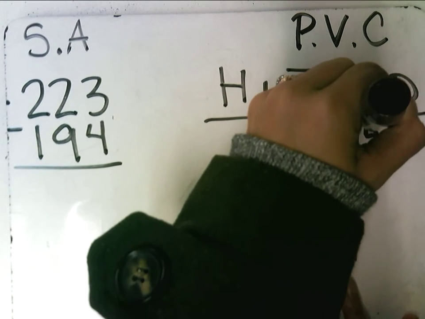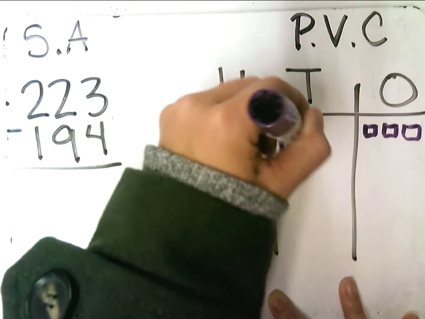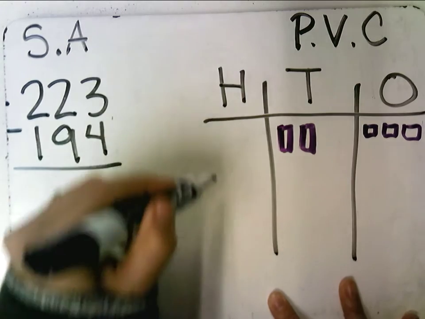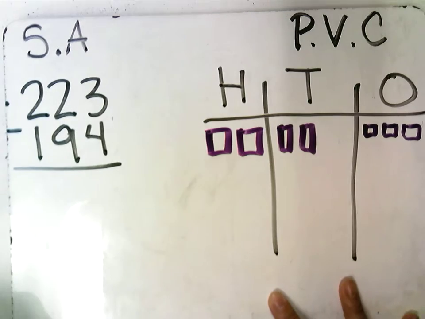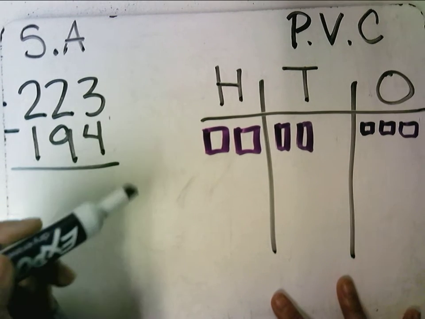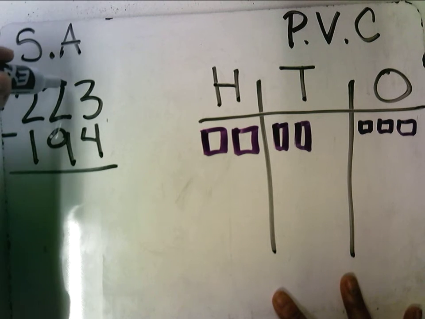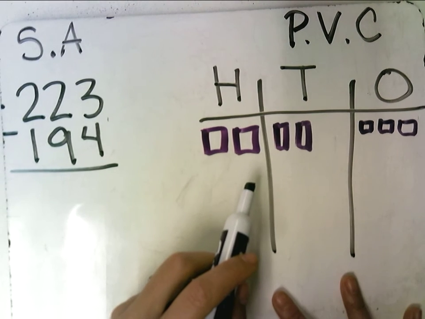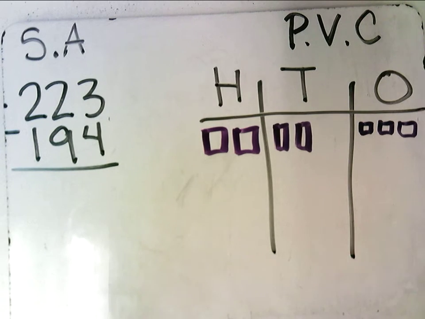Here is 1, 2, 3 ones, 1, 2 tens, 1, 2 hundreds. Can we take 4 ones away from 3 ones? We cannot. So we have to come over here and borrow 1 ten.